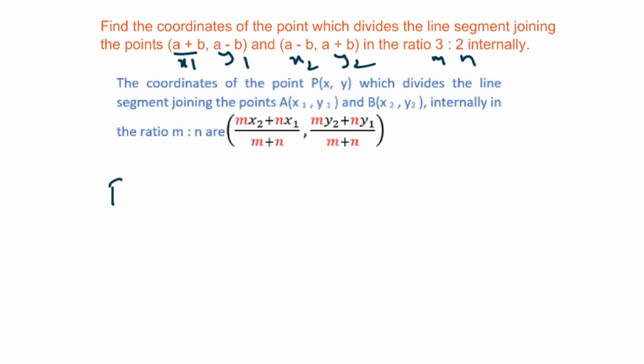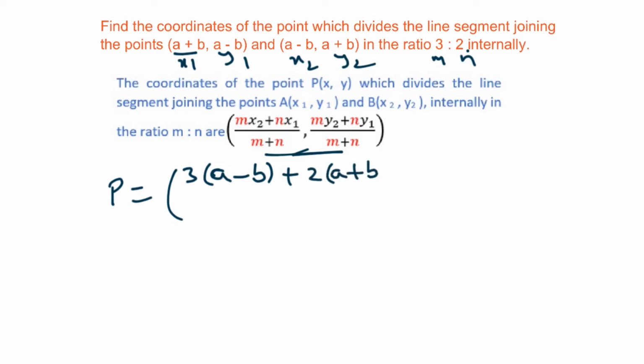The point P, we will substitute these values in this section formula. mx2 means 3 times (a minus b), plus nx1 is 2 times (a plus b), divided by m plus n, which is 3 plus 2, 5.